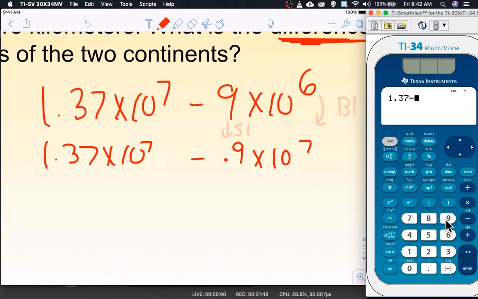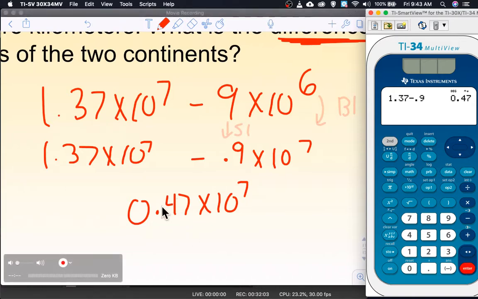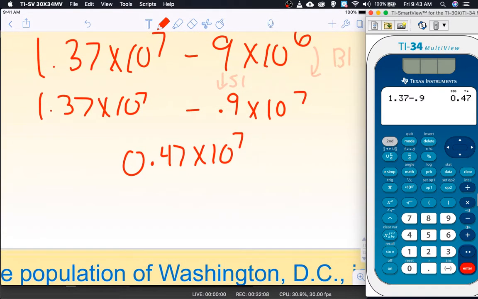1.37 minus 0.9 is 0.47. My power of 10 stays the same. This is not done, though, because that's not scientific notation. We need to do a little converting.